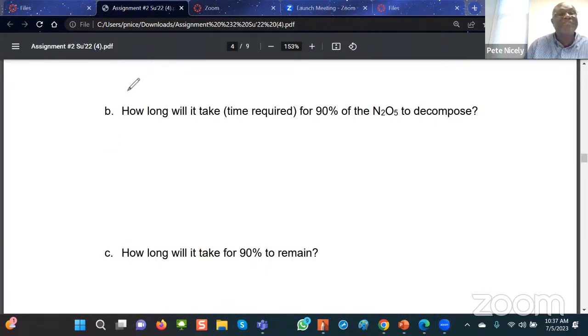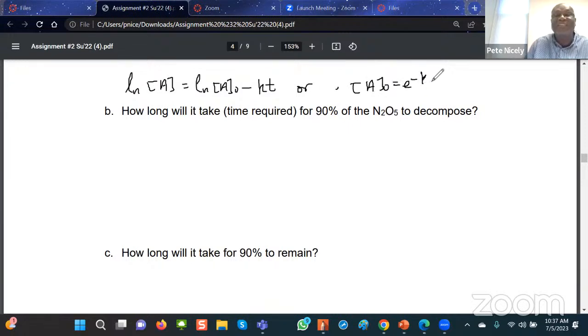You could use ln concentration of A is equal to ln concentration of A initial minus kt. You could use that form, or you could use the other form, concentration of A initial is equal to e to the minus kt.